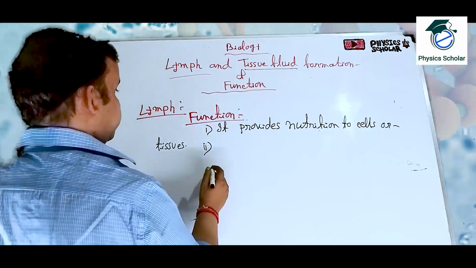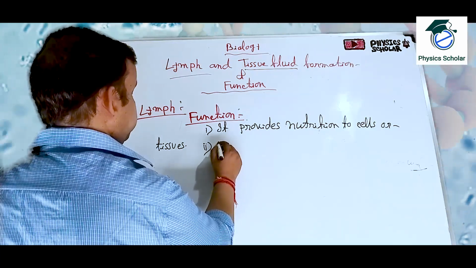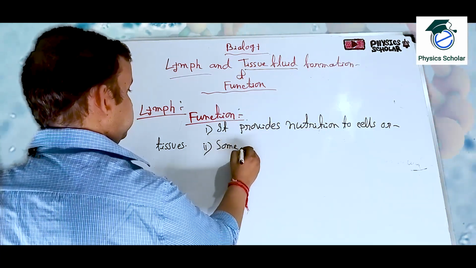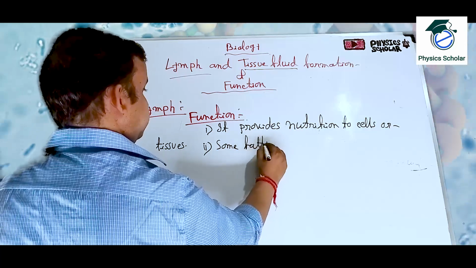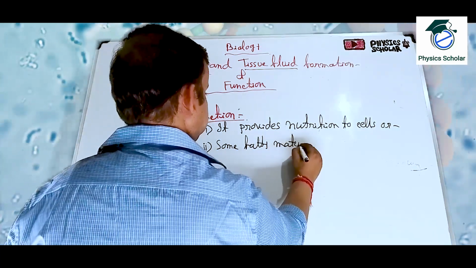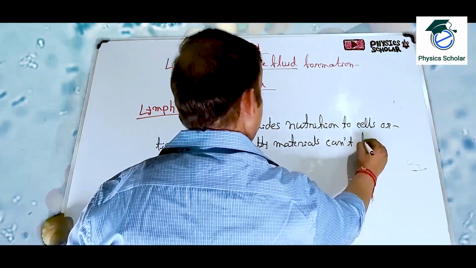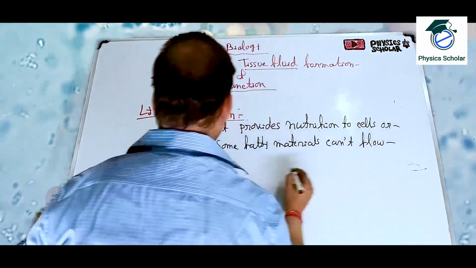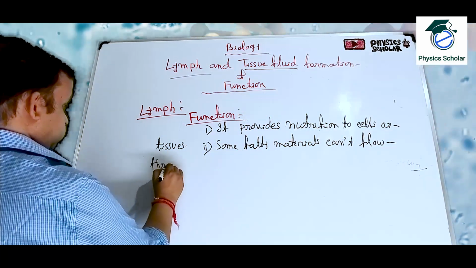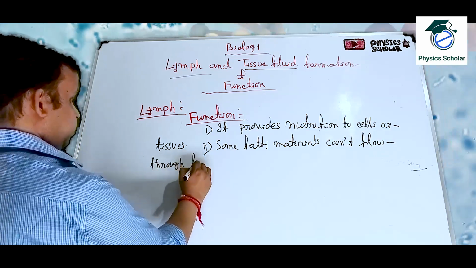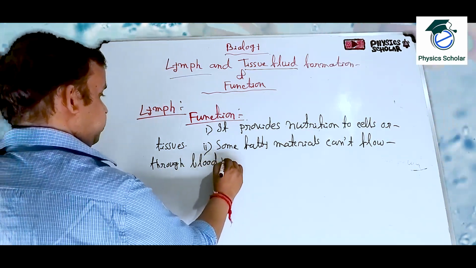Number 2, some fatty materials can't flow through blood vessels.